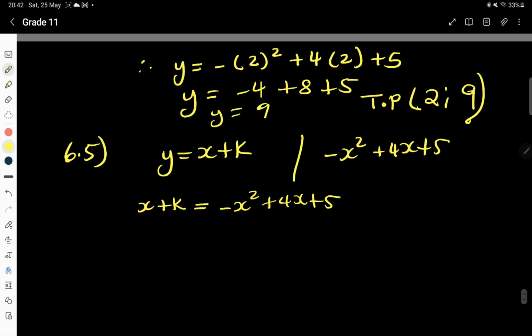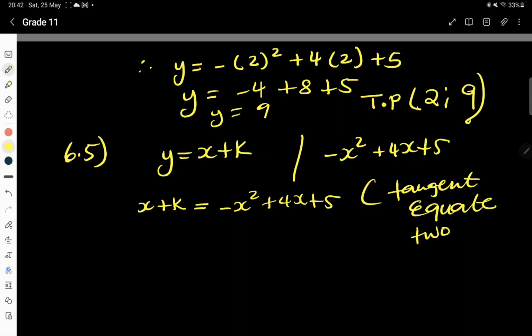Please don't forget, when they say tangent, you must equate the two functions. Then I'll explain again later what's going to happen.